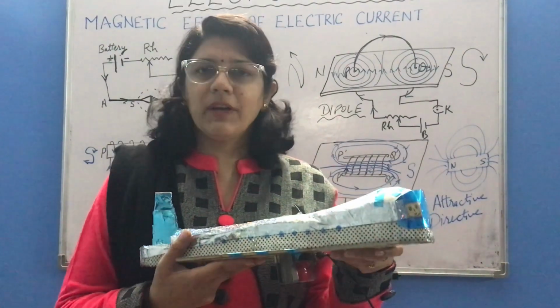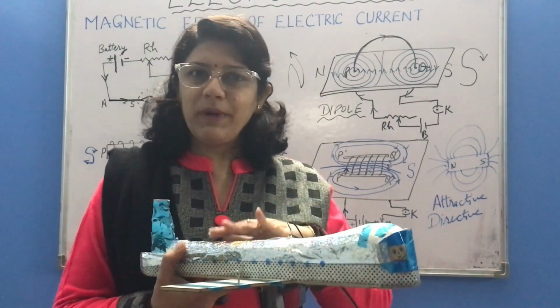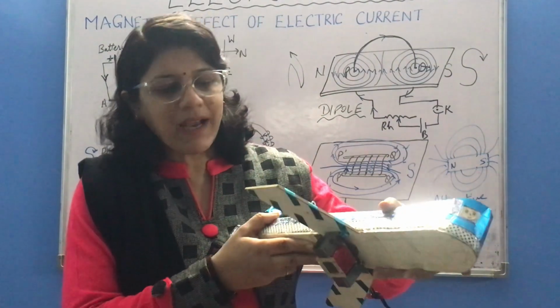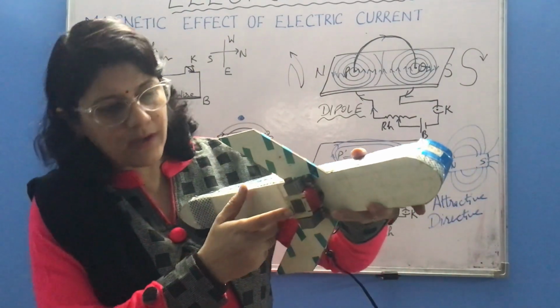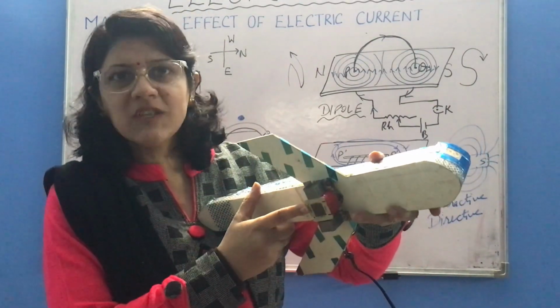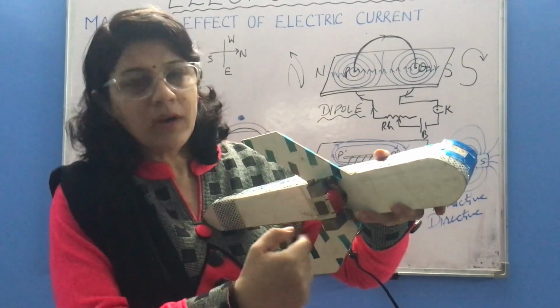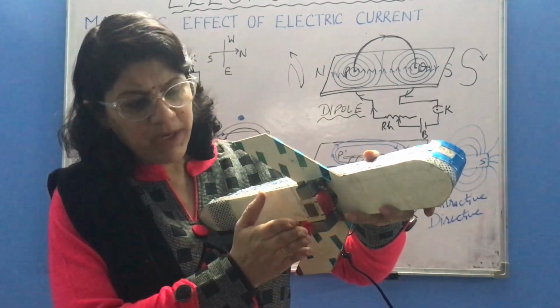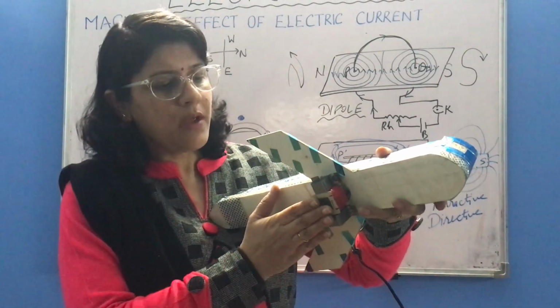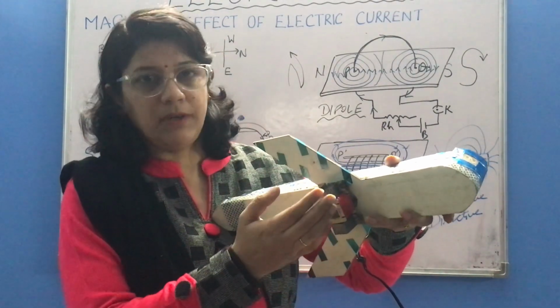To demonstrate the working of an electromagnet, I have made this toy aeroplane. At the back side of this, I have adjusted a solenoid. This solenoid is made by winding thin insulated copper wire over a soft iron core. I made it very powerful by taking a large number of turns.